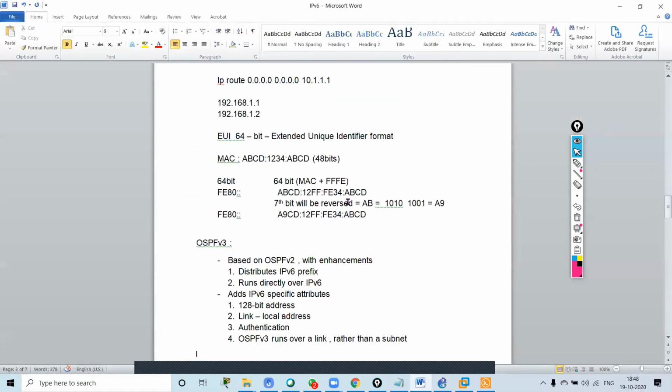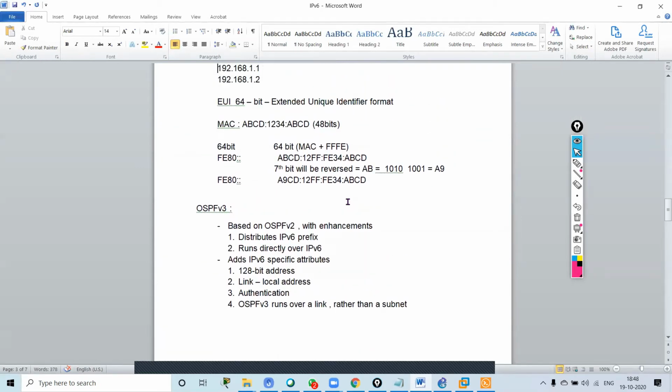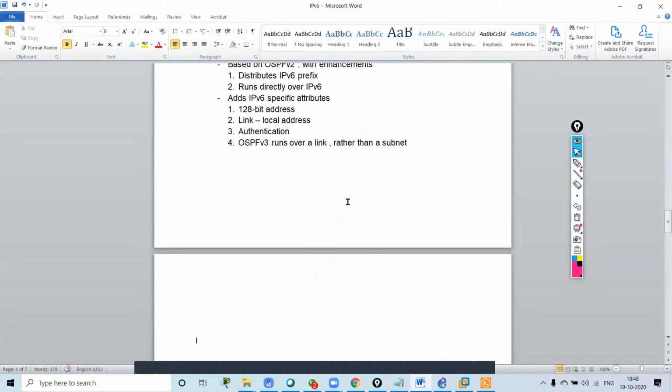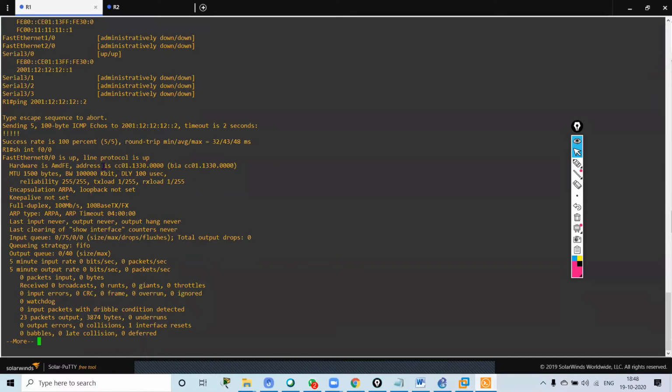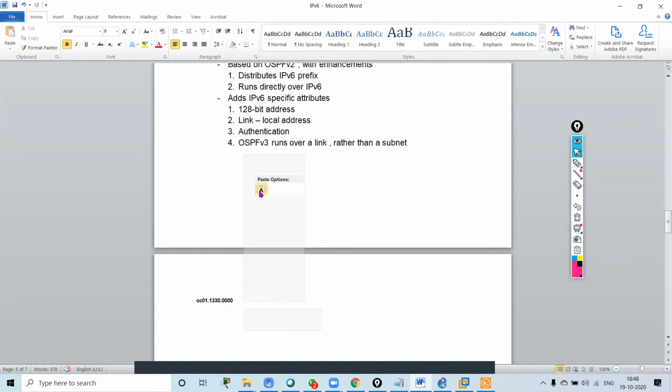I was explaining the EUI64 format. EUI is extended unique identifier format. I'll take the example of the MAC address that we got over here.